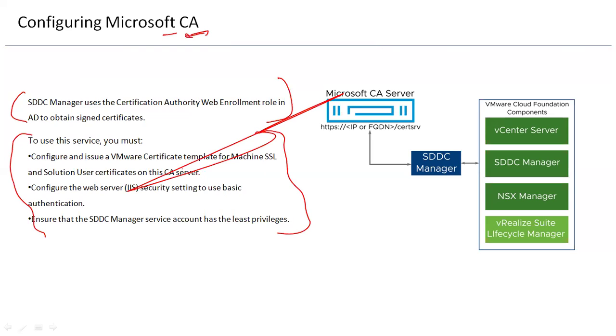We need certain CA roles on the Microsoft Windows server, then integrate the SDDC Manager service account in your Active Directory, create the certificates, give certain roles, and create some certificate templates for your VCF environment. So again, I'm repeating, you must be an expert on how to work in the Microsoft CA environment, and you have to follow certain steps to create the certificate authority.